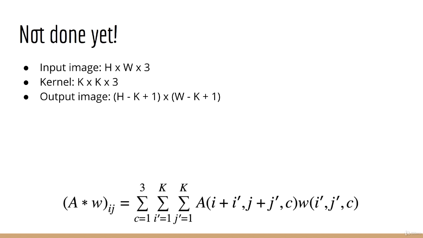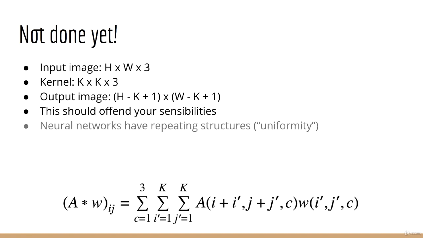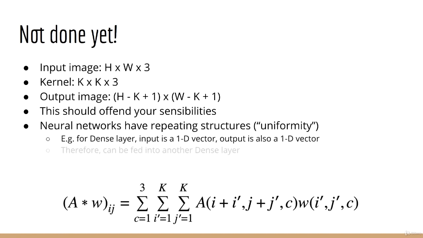Now, there's nothing necessarily wrong with the output being two-dimensional, although this should offend your sensibilities to a certain extent. Remember this idea of the uniformity of a neural network and how we have repeating structures. The feed-forward ANN works because you can add any number of layers: one dense layer followed by another followed by another. This is okay because the input and the output are of the same type.